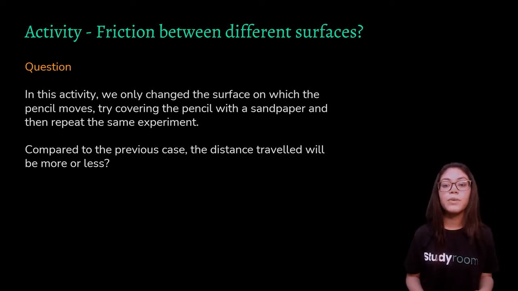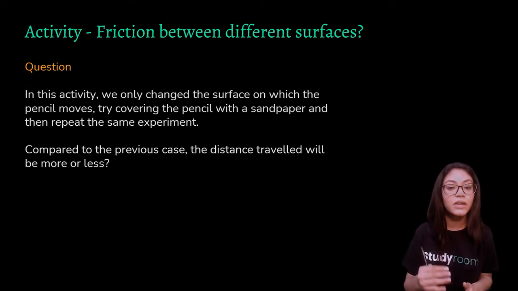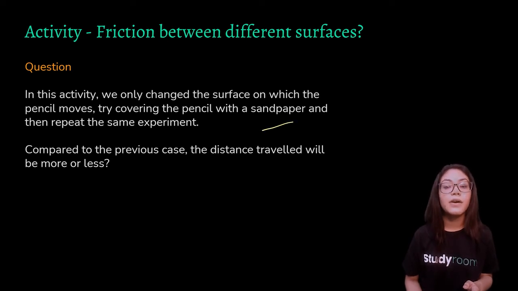Compared to the previous case, will the distance traveled be more or less? Yes, the distance traveled will decrease. Why does it decrease? Because the sandpaper has more friction and it will oppose the motion at a faster rate.